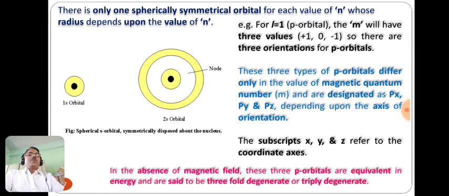In the absence of a magnetic field, these three p orbitals, px, py and pz, are equivalent in energy, and when they are equivalent in energy, they are called threefold degenerate or triply degenerate orbitals.